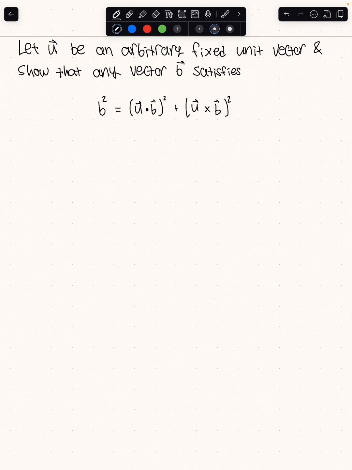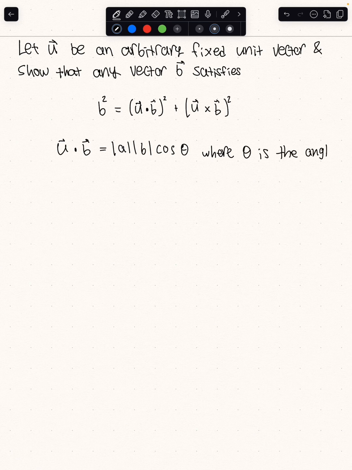So first, writing U dot B, this is going to be equal to the length of the vector U times the length of the vector B cosine theta, where theta is the angle between U and B. Pardon me.